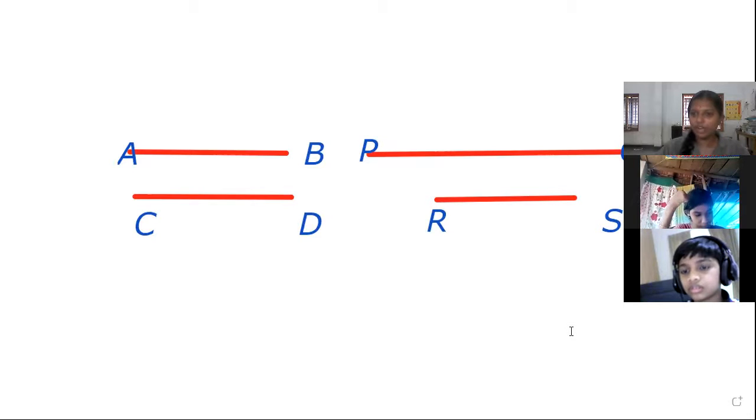Two angles are said to be congruent if they have the same measure. Look at your textbook page number 135. You can see figure 7.5 having four different angles: angle ABC, angle PQR, angle LMN, and angle XYZ.